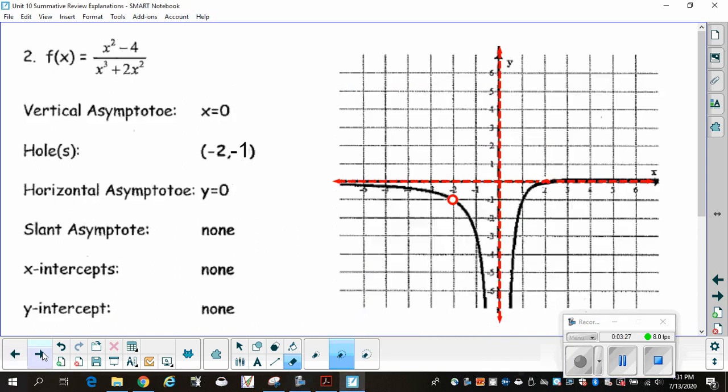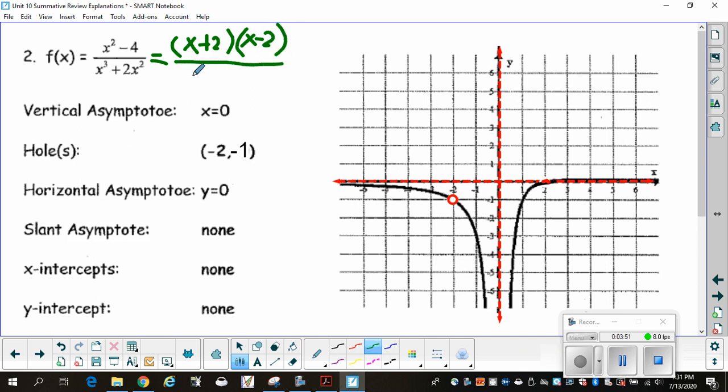Our next function is x squared minus 4 over x cubed plus 2x squared. First thing to do, simplify. So you're going to get x plus 2 times x minus 2 because the numerator is a difference of squares.